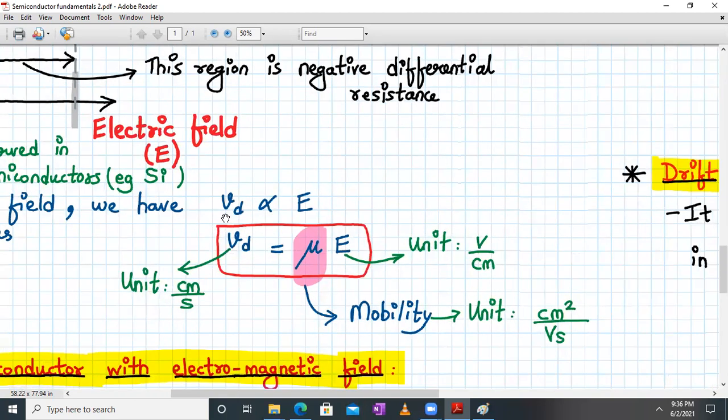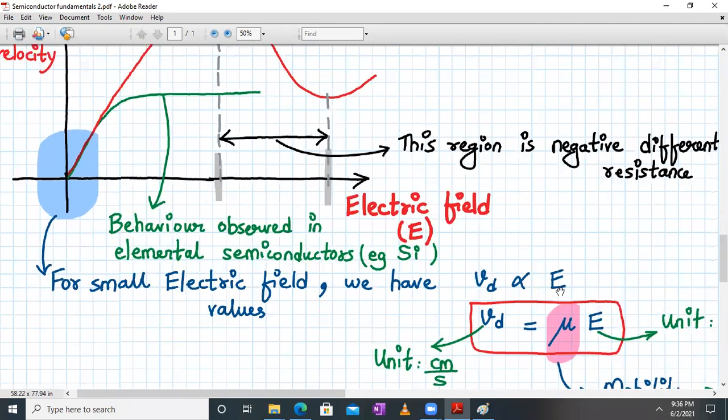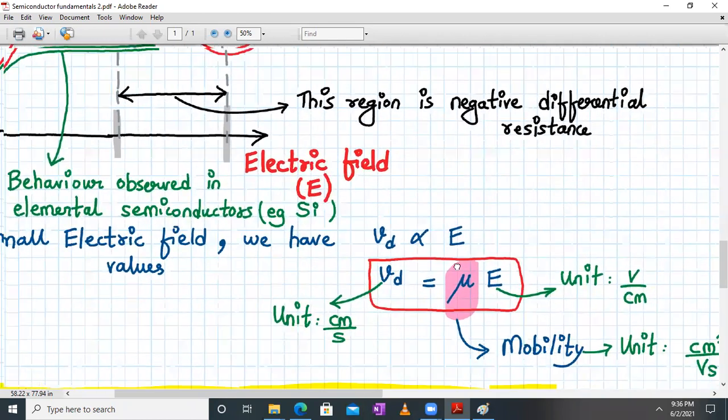The unit of drift velocity is centimeter per second, and the unit of electric field is volt per centimeter. Hence, the unit of mobility comes out to be centimeter square divided by volt into second. This is how the mobility concept has come.